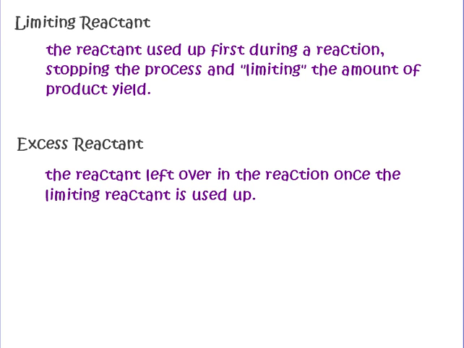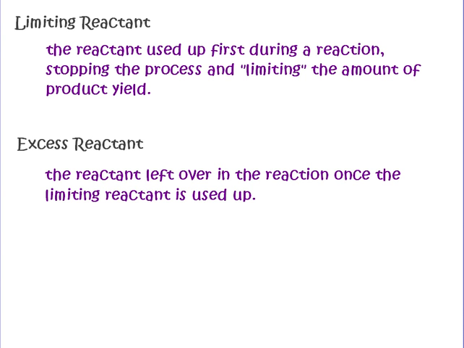Sometimes they aren't in equal amounts, or what we call stoichiometrically proportioned. And in that case, one of the reactants will run out first. And the one that does run out first stops the reaction and limits how much of the product we will actually get in the end.